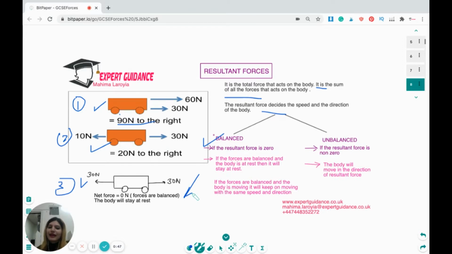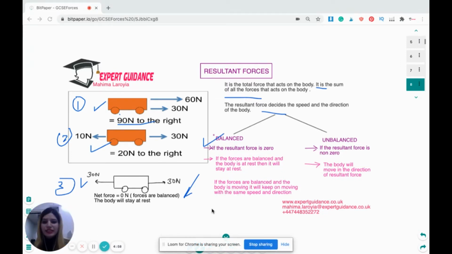And if the forces are balanced and the body is moving, it will keep on moving with the same speed and direction. Whereas unbalanced forces are cases 1 and 2, where the net force is not 0 and the body will move in the direction of the resultant force. I hope the concept of resultant, balanced and unbalanced forces is clear to you.